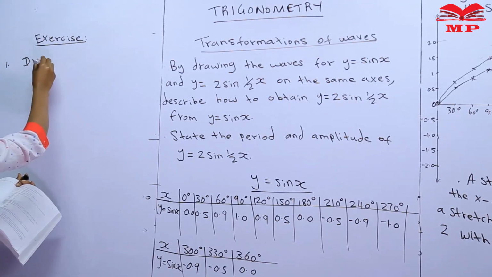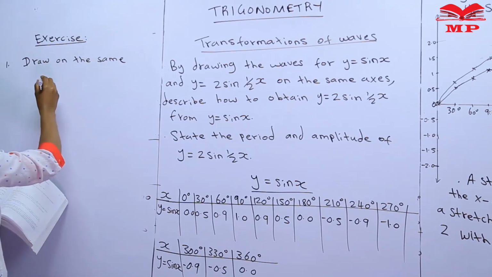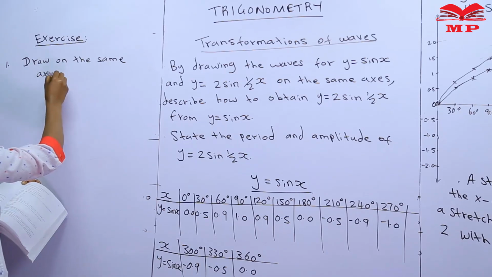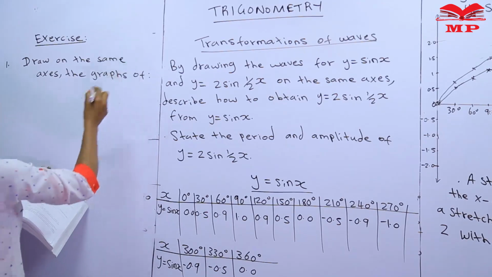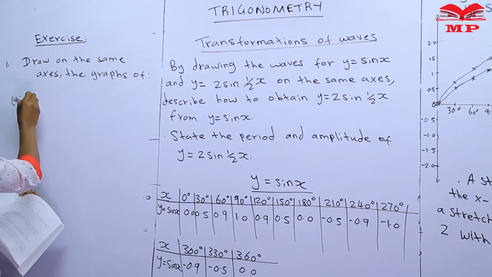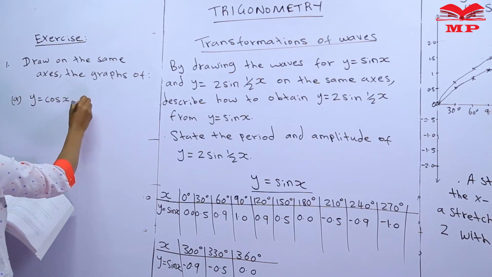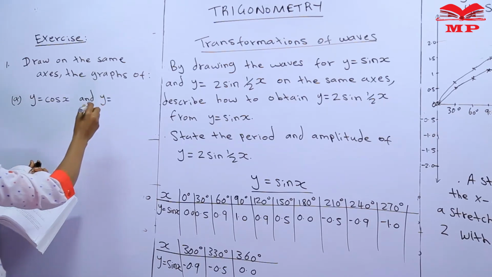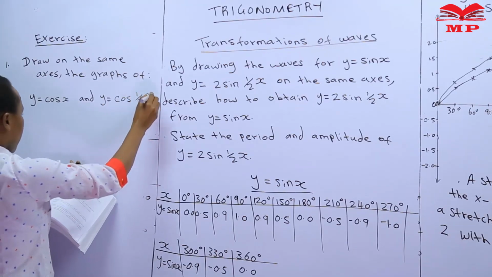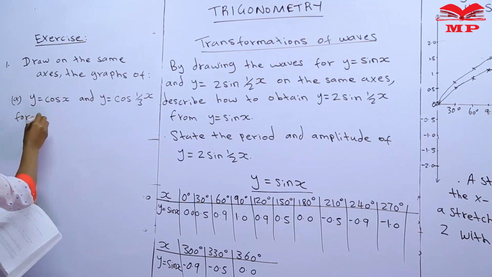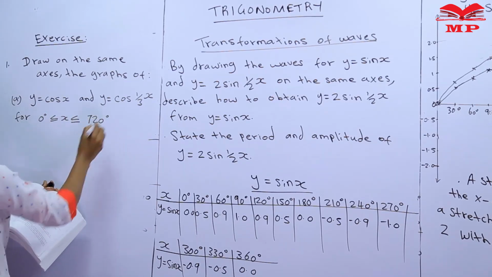Draw on the same axis the graphs of, in the first one, y is equal to cos x and y is equal to cos of a half x, and the range is from 0 degrees to 720 degrees.